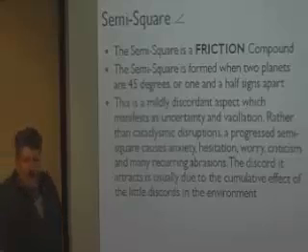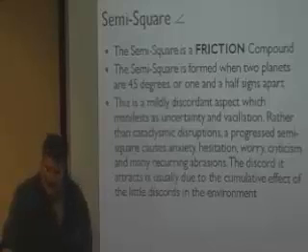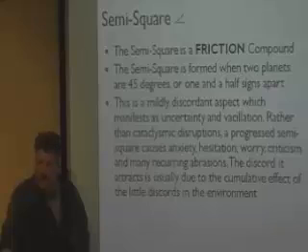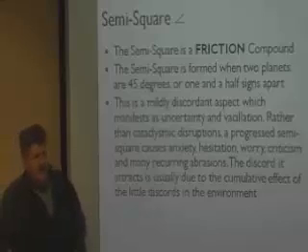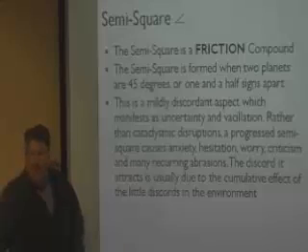Now, much like if you have a lot of semisextiles in your chart, it can make it overall very harmonious. If you have a lot of semi-squares in your chart, it can make it overall very discordant. What happens with the small annoyances in our lives?